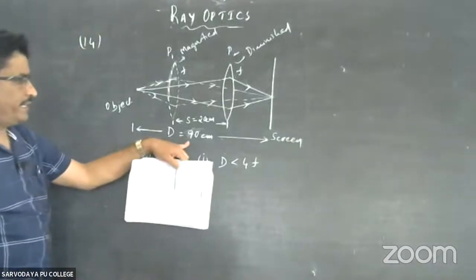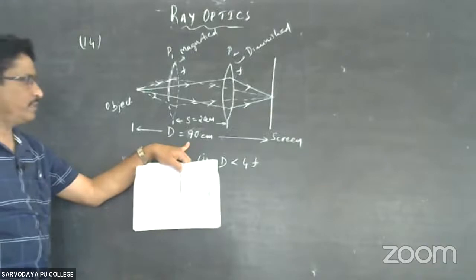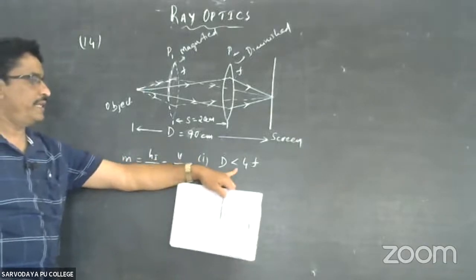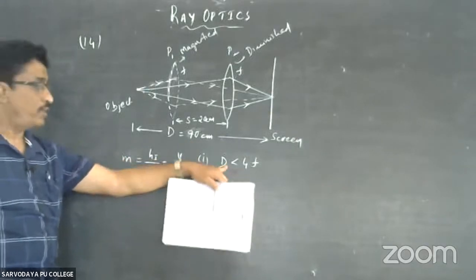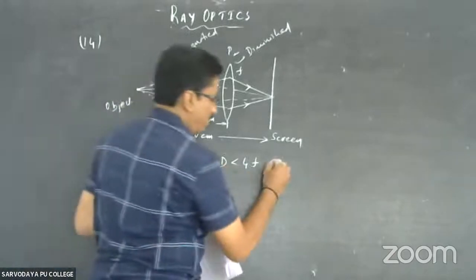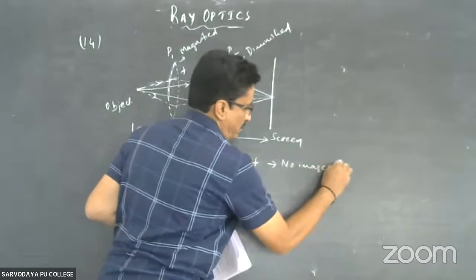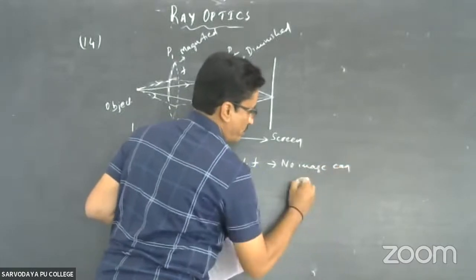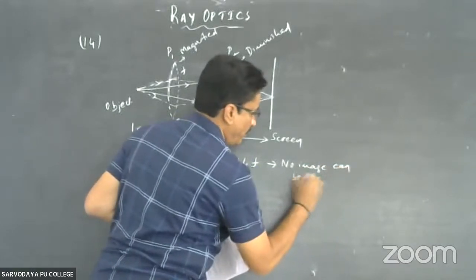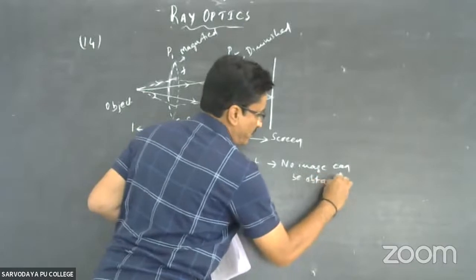If D is here 90, then D is less than 4f. In that case, no image can be obtained on the screen.